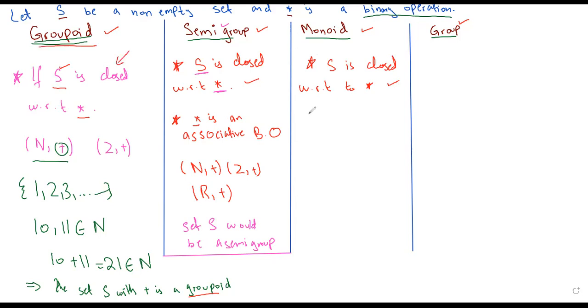But for a set to be a monoid, we have another thing, that star is an associative binary operation. If we have these two things only, that S is closed with respect to star, and star is an associative binary operation, we will refer to it as a semi-group.